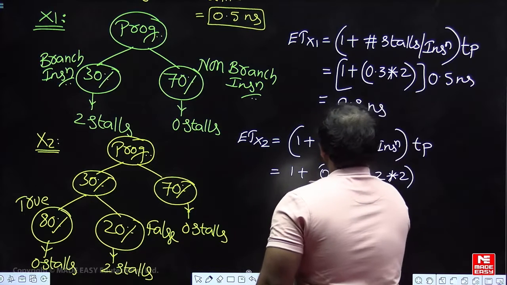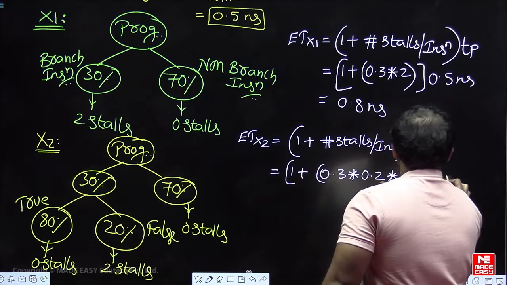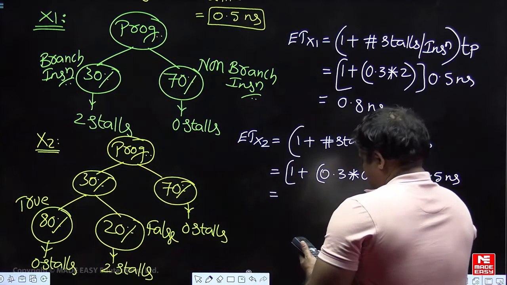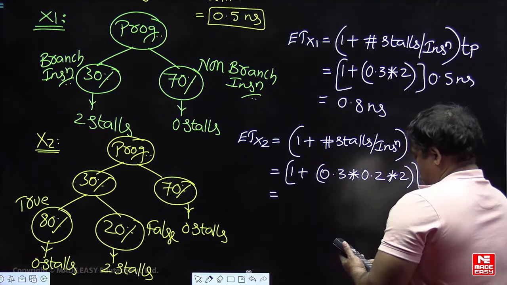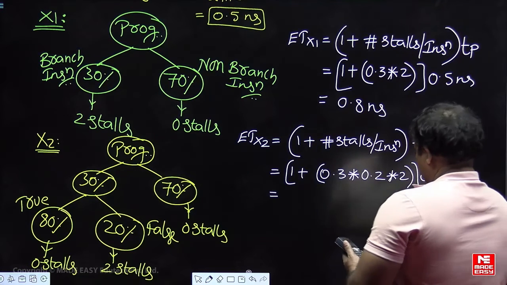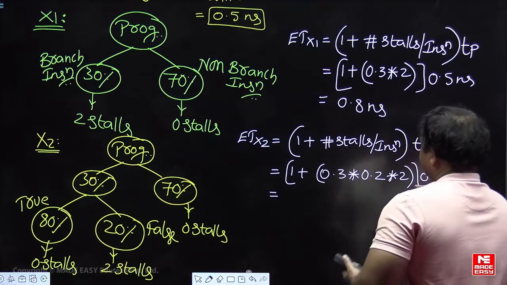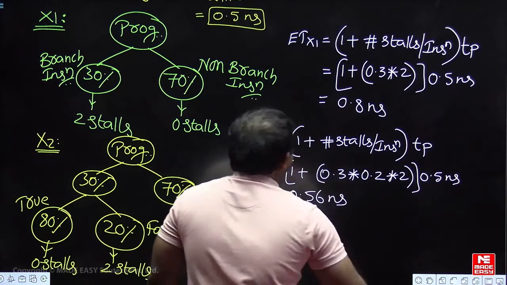This is the number of stalls per instruction, times the cycle time of the processor, which is 0.5 nanosecond. Do the calculations. This is 0.56 nanoseconds.